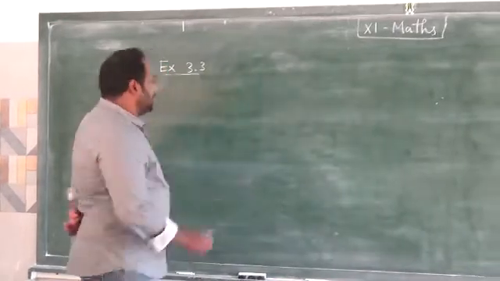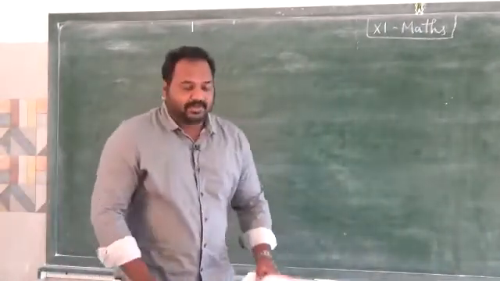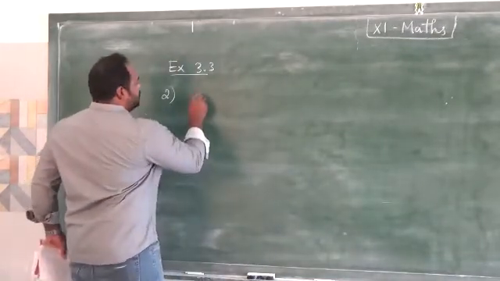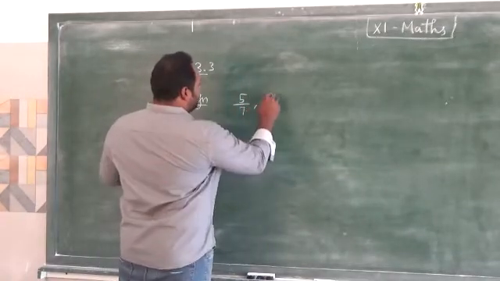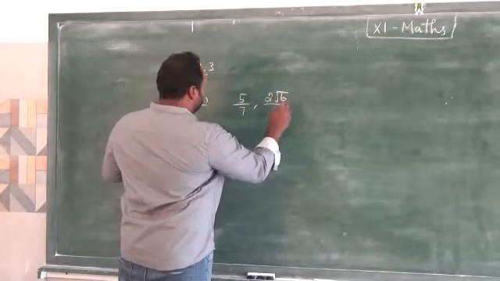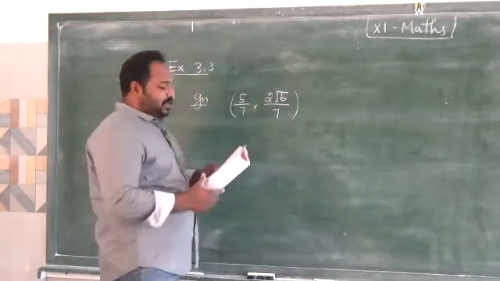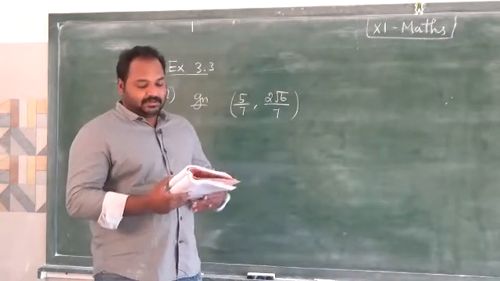We are going to see the second problem. Given 5 by 7 and 2 root 6 by 7 is a point on the terminal side of an angle theta in standard position.